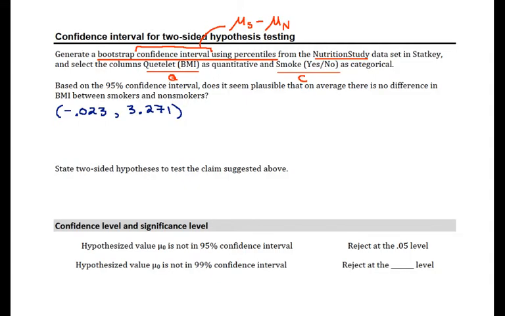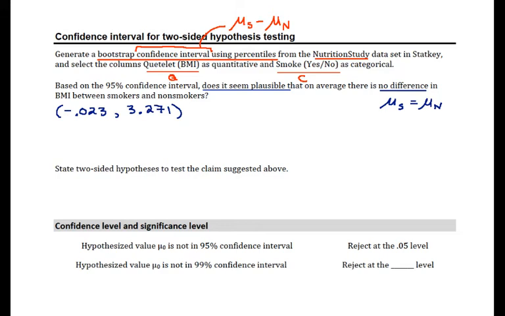And so far we are just asking the same sorts of questions that we were asking when we were covering just confidence intervals. Does it seem plausible that on average there's no difference in BMI between smokers and non-smokers? Well, no difference would mean mu sub s equals mu sub n.